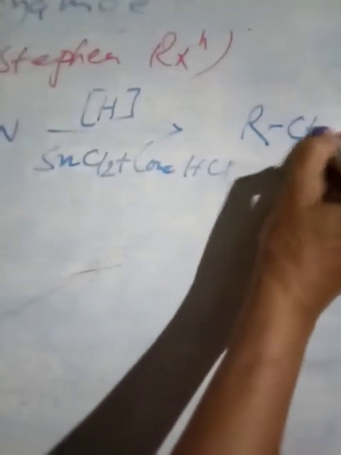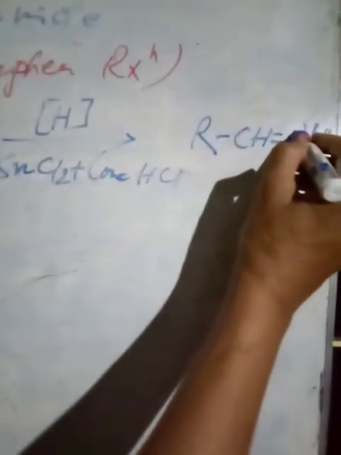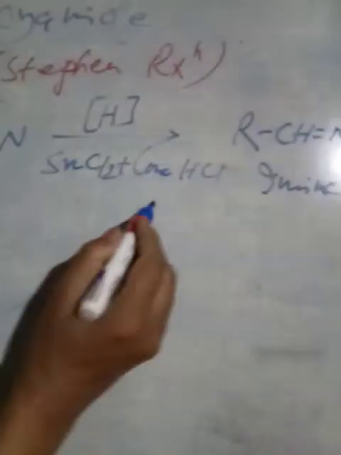This cyanide or nitrile will be reduced at first to CH double bond NH, an imine. With it there may be excess HCl attached, giving imine hydrochloride.